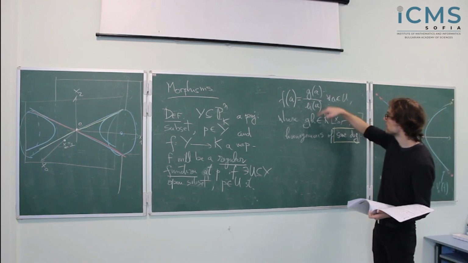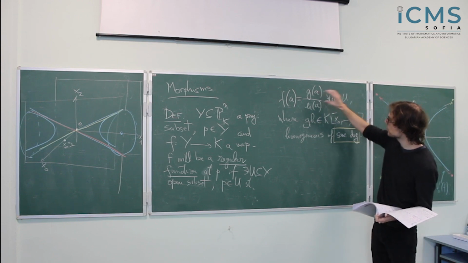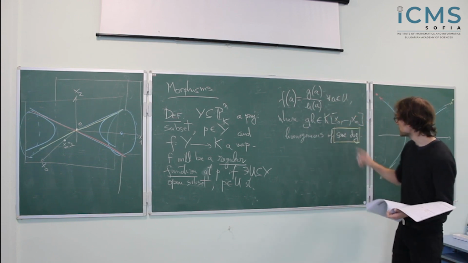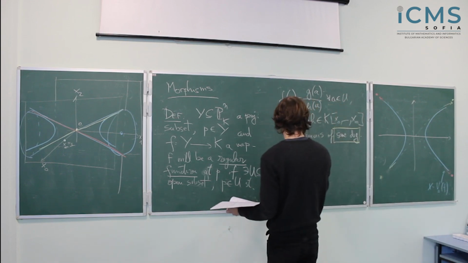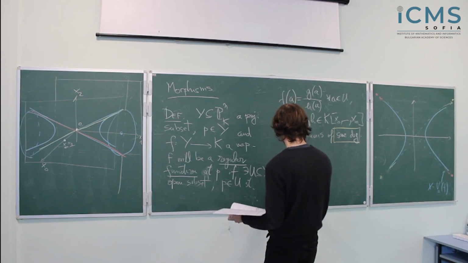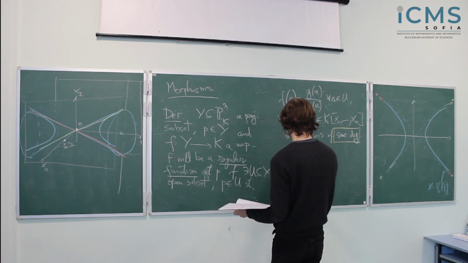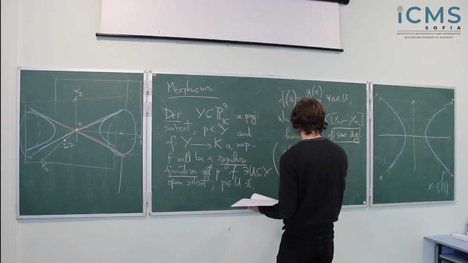So if we consider the two, then the two images here will be equal because they will have the same degree. So just so that we can all be on the same page, this is a parenthesis.